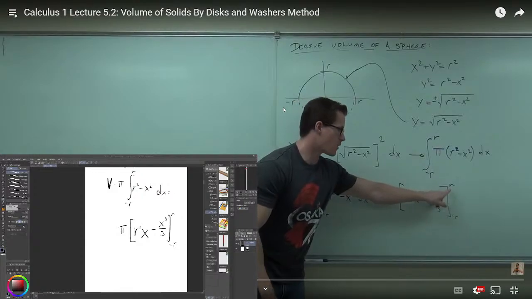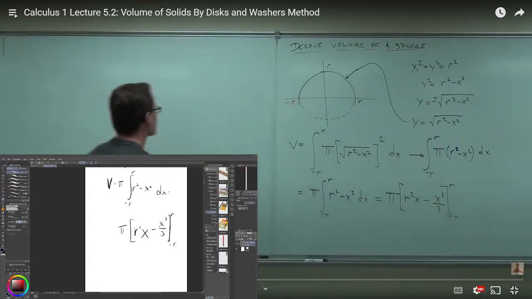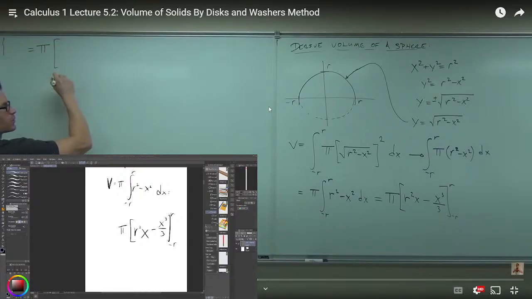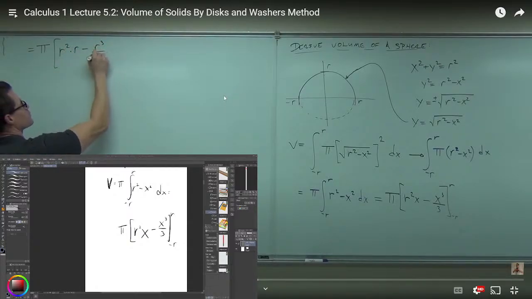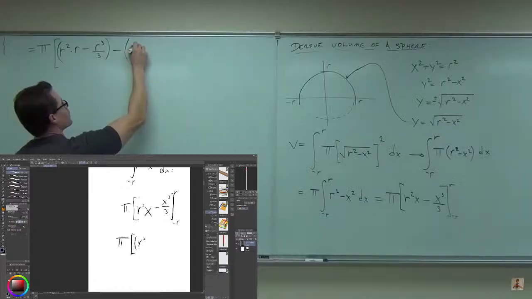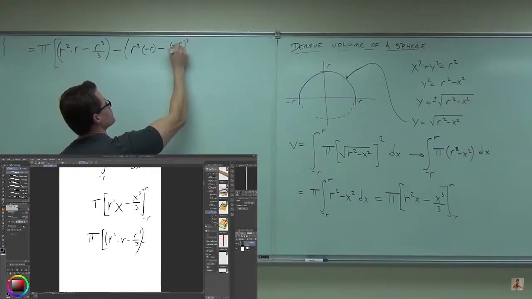Where do I plug in my r's? To my r's or to my x's? Clearly my x's. That's my variable I'm dealing with. So quickly, we're going to have pi, we're going to have r squared times r, minus r cubed over 3, minus, don't forget the minus, you got to plug in the negative, r squared times negative r, minus negative r cubed over 3.